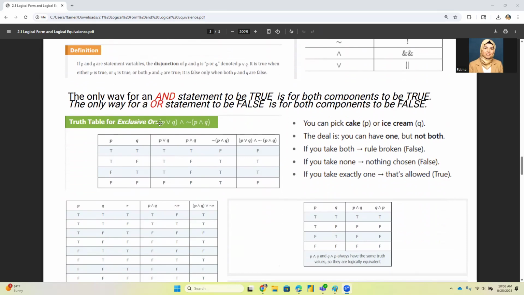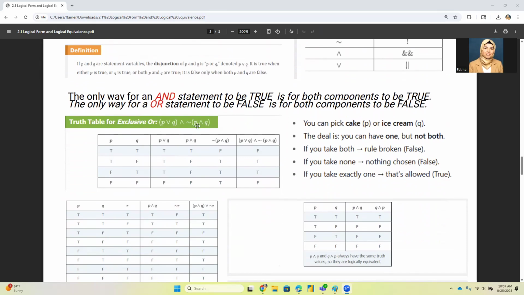If you look at the truth table for this exclusive or, this whole thing by itself is called exclusive or. The meaning of the exclusive or is you just have to pick one of them, not both, not none. So here's a real world explanation.